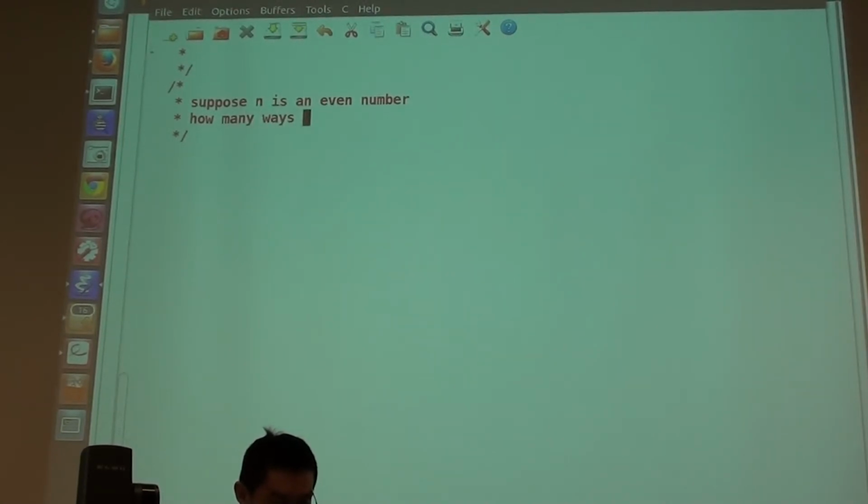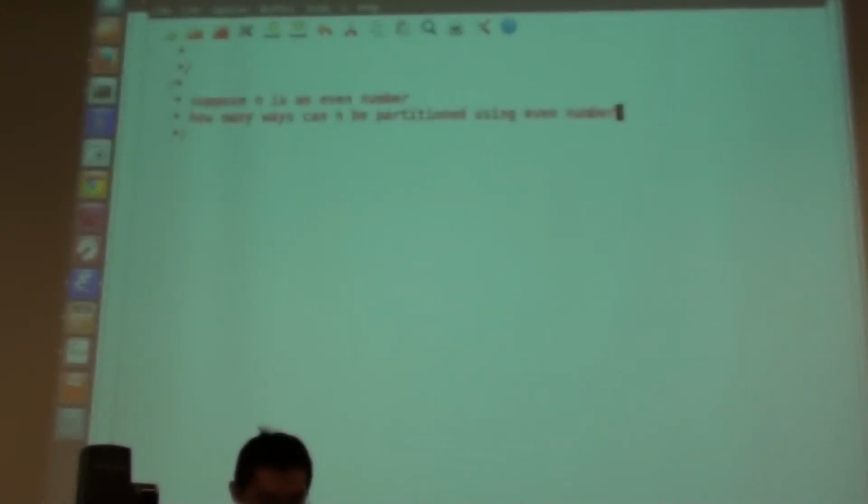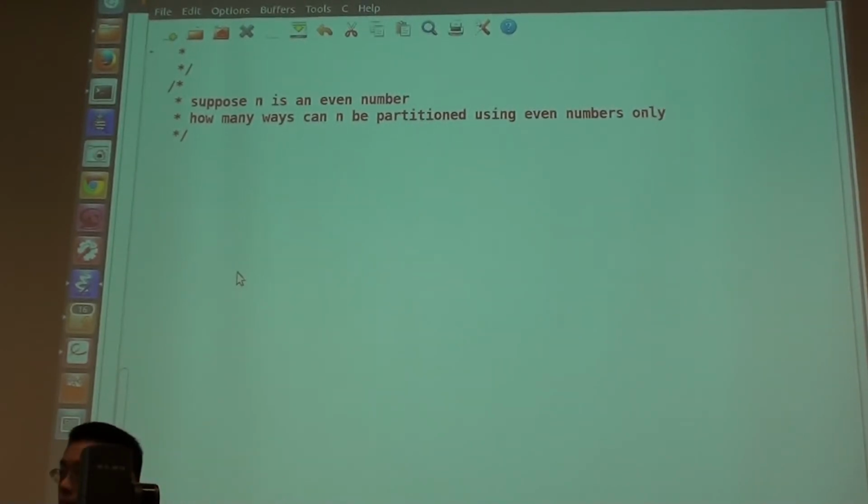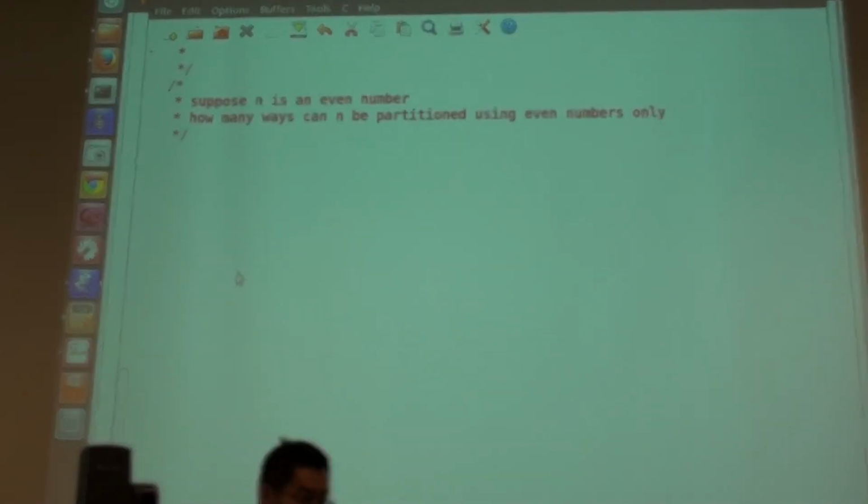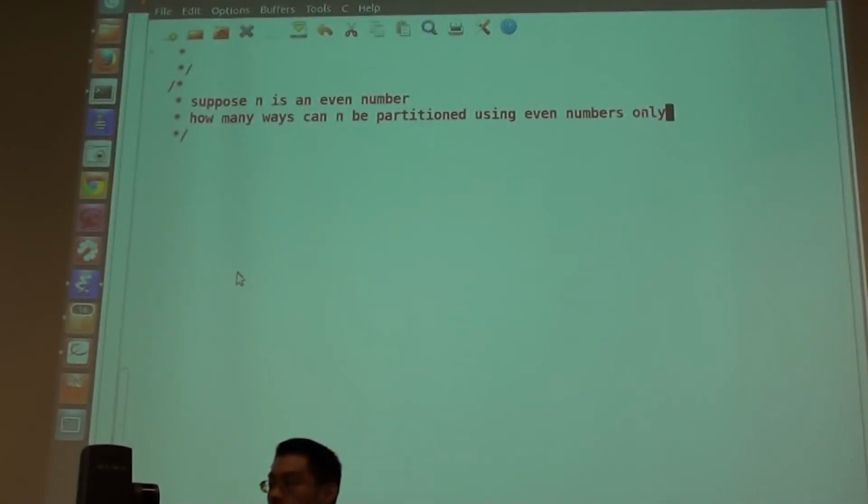How many ways can n be partitioned using even numbers only? Does everybody understand the question? Good? Okay.